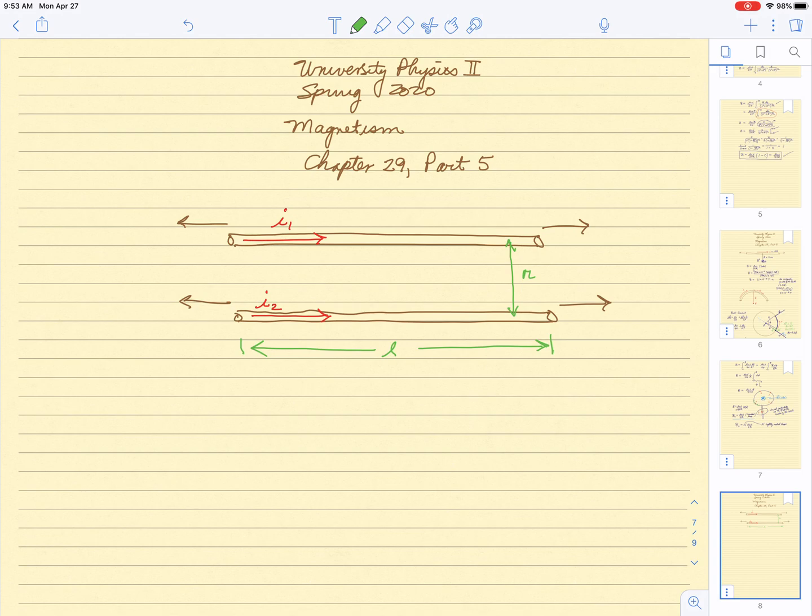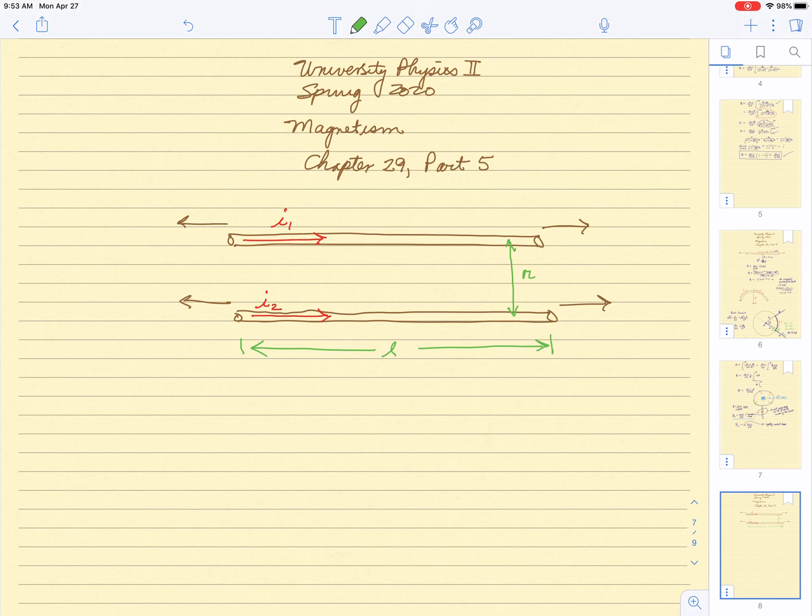But typically at the end of the day, one will talk about a force per unit length, which is what we're after. So the problem at hand is what's going to be the interaction between these two wires.